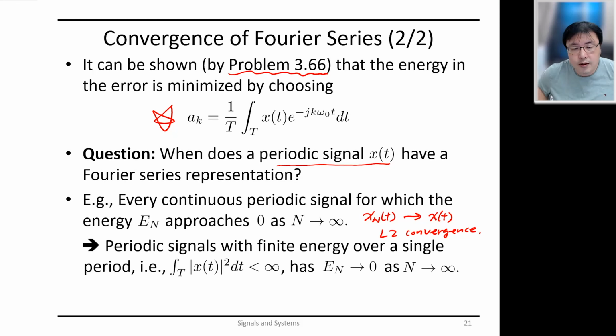But this is just for those that maybe have some background in real analysis. It's not necessary to know this. Okay, but this is just one type of convergence to claim that a Fourier series representation exists for this periodic signal x of t.